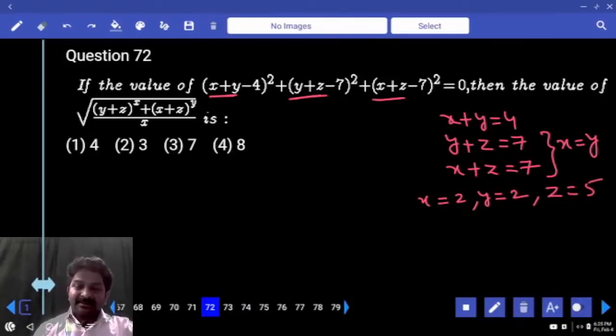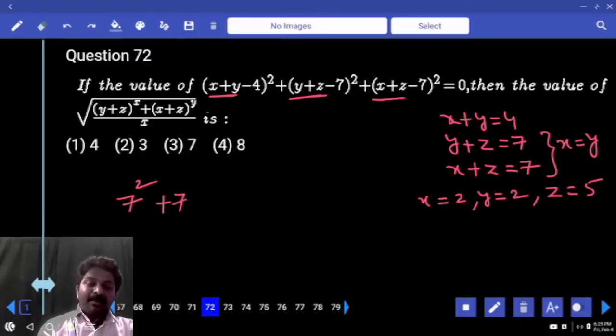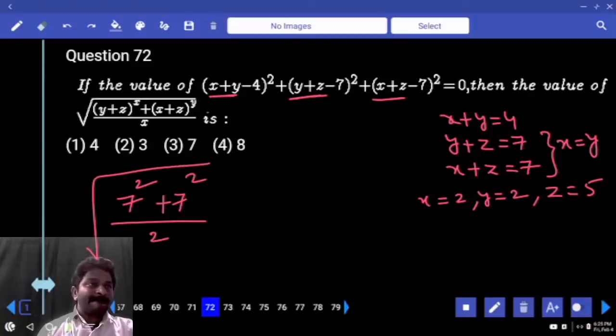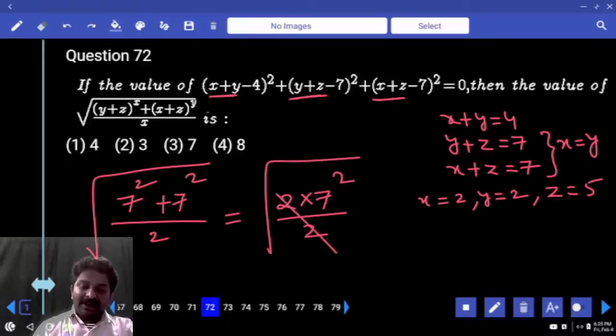Y plus z, 7 power x, 2, plus x plus z, 7 power y, 2 by x, that is 2, under root value. In numerator we have 2 times of 7 square, right? That is, 2 times of 7 square by 2 under root value. 2 gets cancelled. Under root of 7 square, answer 7.